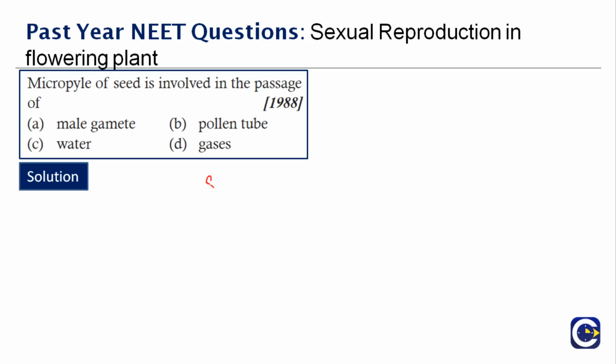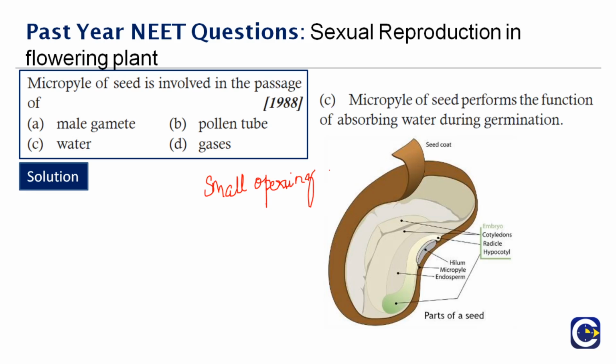It is a small opening in the surface of an ovule through which the pollen tube penetrates, often visible as a small pore in the ripe seed. This micropyle of the seed is involved in the passage of water. It helps in absorbing water during germination. Therefore, the right answer is option C.